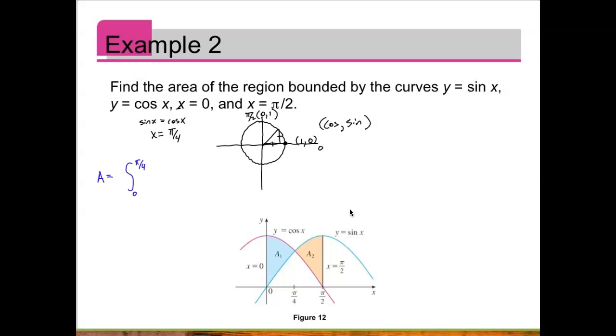So that's how you would remember that. Cosine starts at 1 at the origin, sine is at 0, so cosine starts out at top. So cosine x minus sine x. And then we'll go plus the integral from pi over 4 to pi over 2, and we'll swap them, sine x minus cosine x.